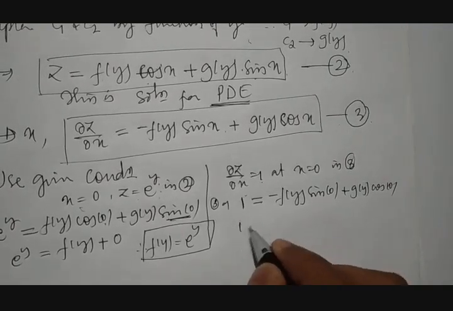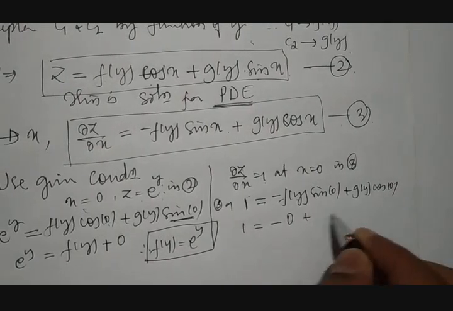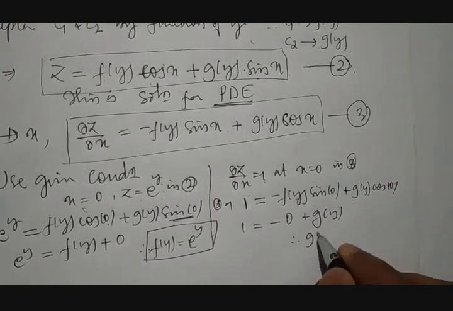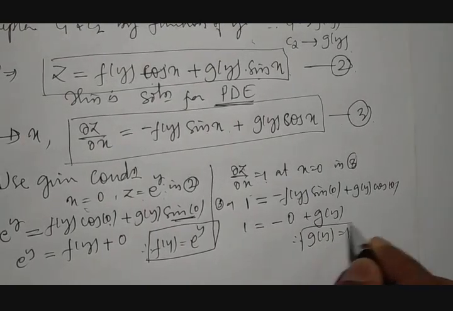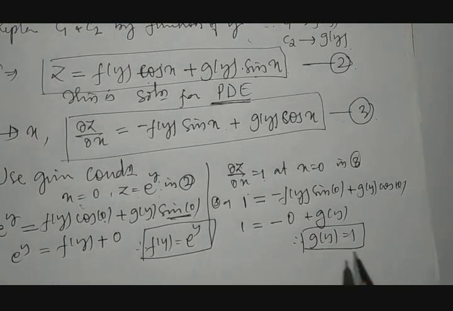Therefore 1 is equal to minus sin 0 which is 0, plus cos 0 which is 1, so it becomes g of y. Therefore g of y is equal to 1. We got f of y is equal to e raised to y and g of y is equal to 1.